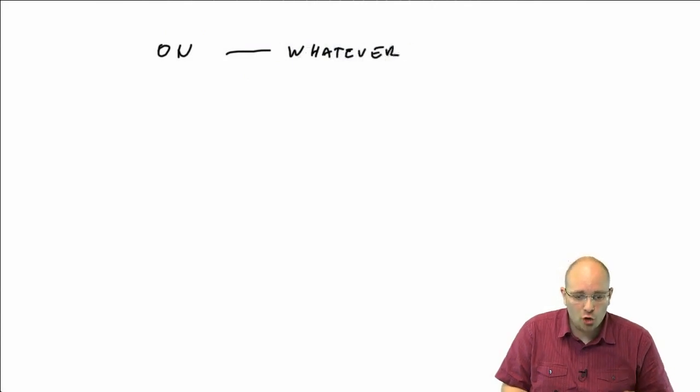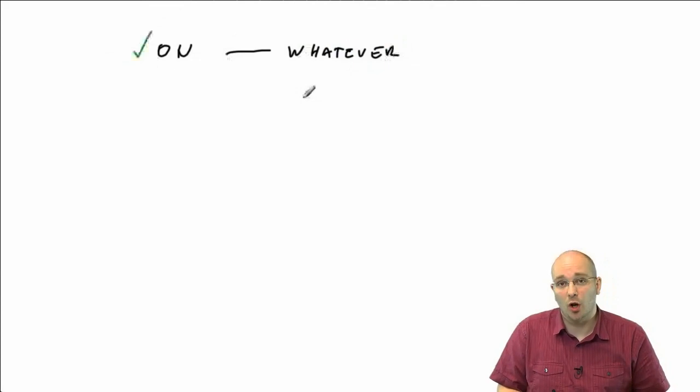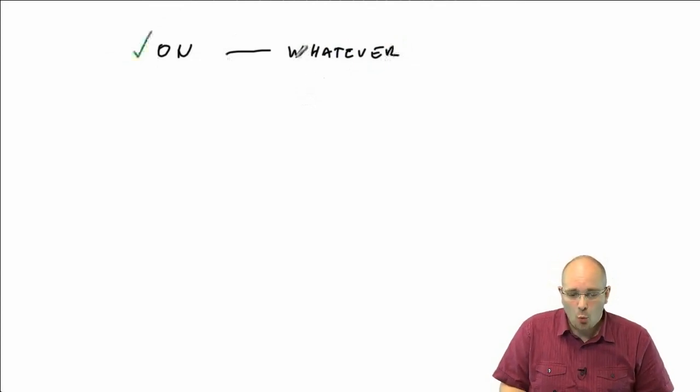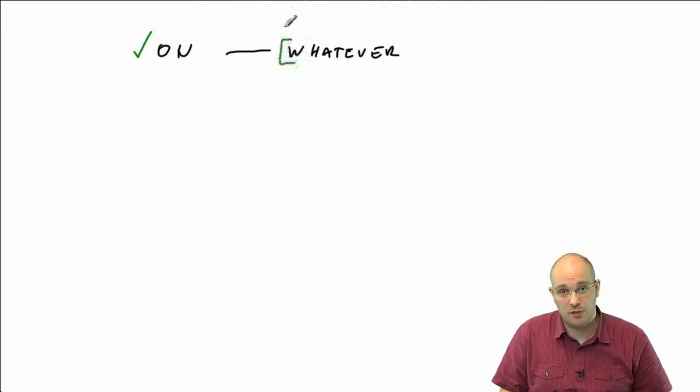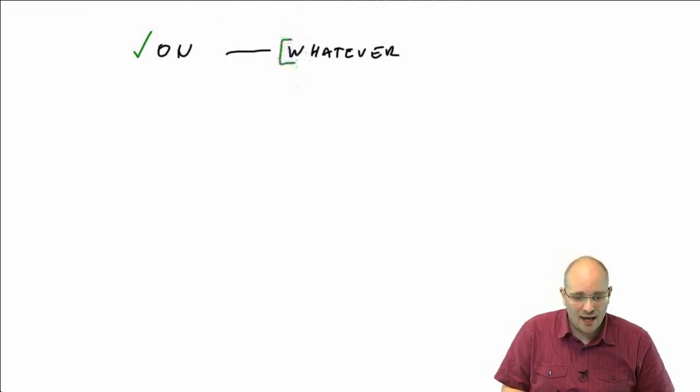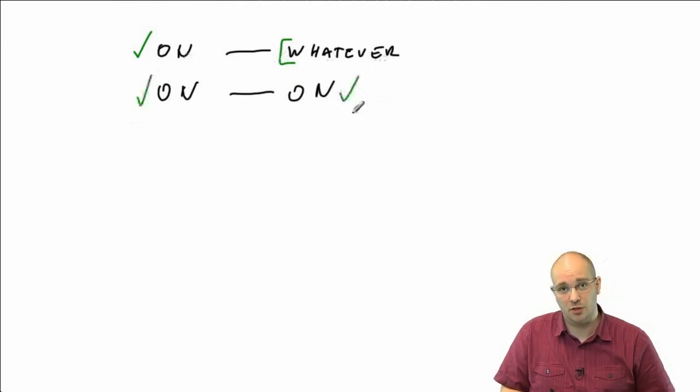On the on side, the EtherChannel will always be configured. What's going to be on this side here depends on what is configured on this side. If we had a situation that we had on and on on both sides, EtherChannel will be enabled and fully functional on both sides of our link.